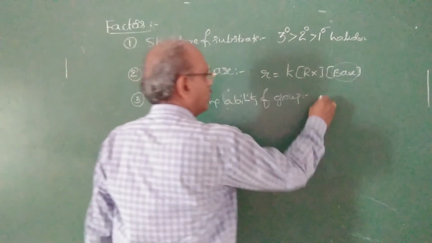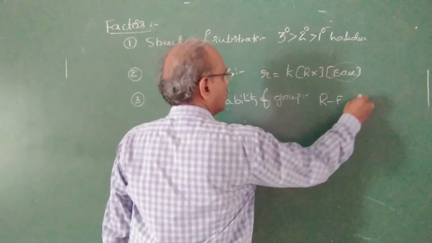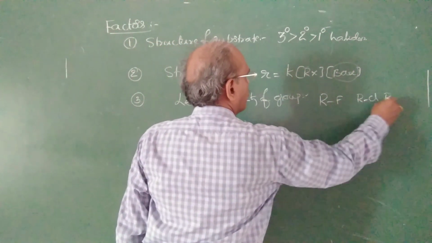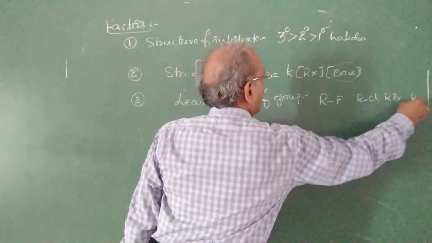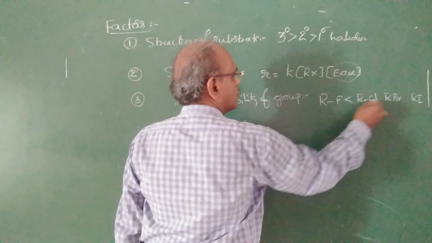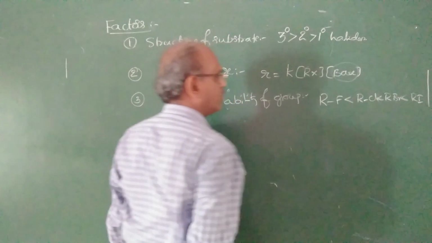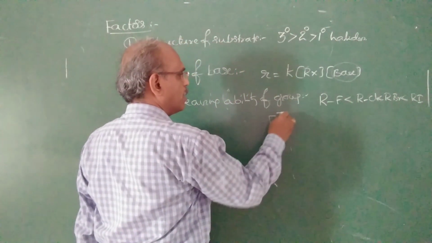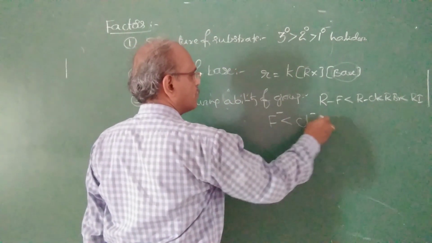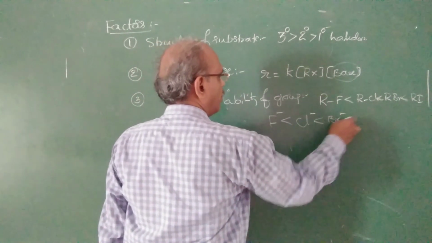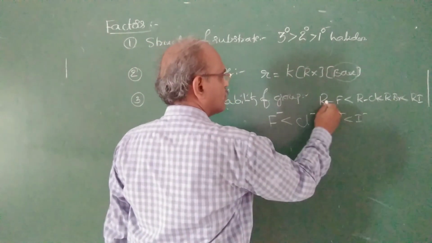See, among RF, RCl, RBr and RI, this is the order of reactivity, because the leaving ability of these groups is in this order. Why? You can explain based on bond strength.